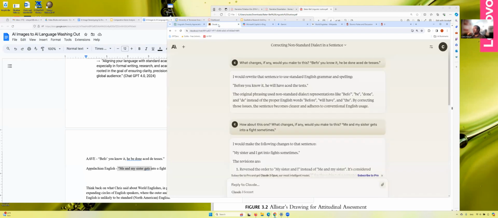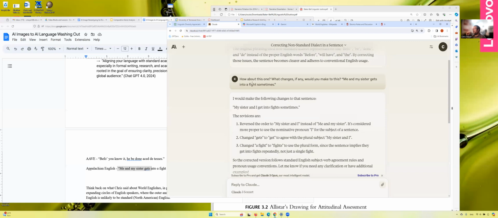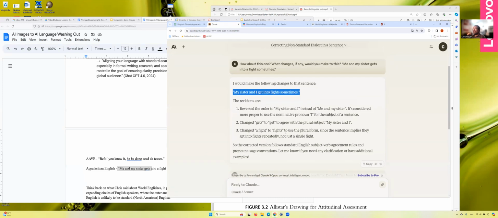Claude. So Claude, for the Appalachian English, says they'd make these changes, and we get this standard mainstream English answer. And same explanations, and we have this loaded language again, right? It's a corrected version. It follows these rules and conventions and so on.